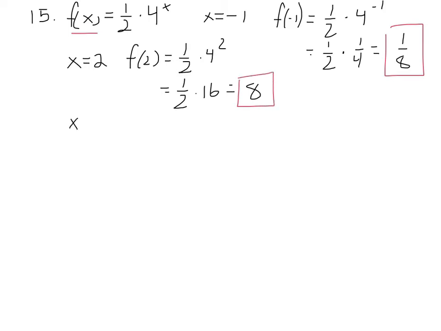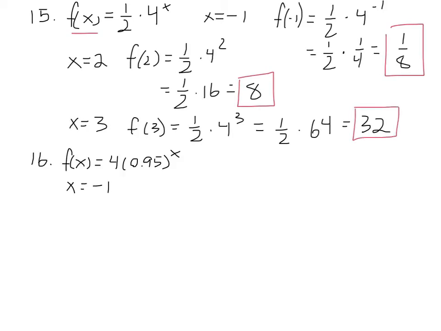Lastly, it says let x equal 3. So f of 3 equals 1/2 times 4 to the third power, which equals 1/2 times 64, and your final answer then is 32.